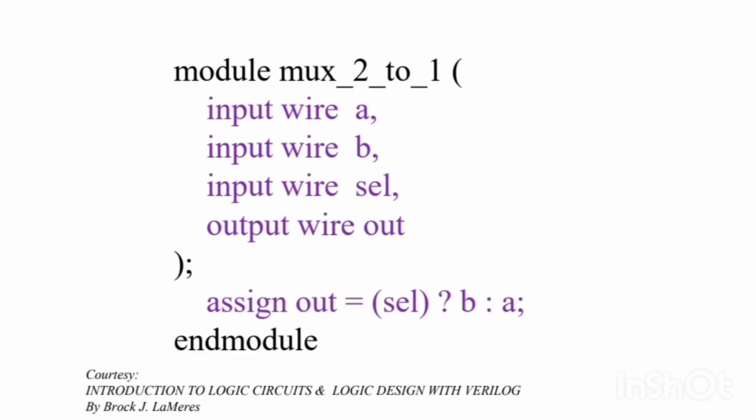Then coming to the program description, it is assign out equal to sel, then this ternary operator means out will be getting its value based on the evaluation. So if sel is 1, then it will be B, and if sel is 0, it will be A. So that's all about this particular problem.